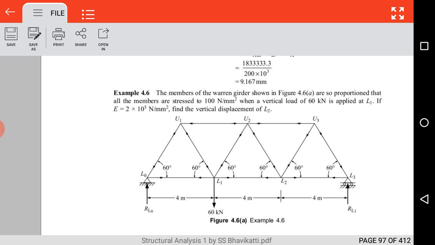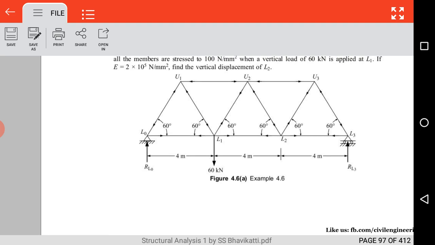If Young's modulus is equal to 2 into 10 raised to 5 Newton per mm square, find the vertical deflection or vertical displacement for L2. So this is the truss given and we are required to calculate the deflection at the joint L2, the lower chord joint L2.